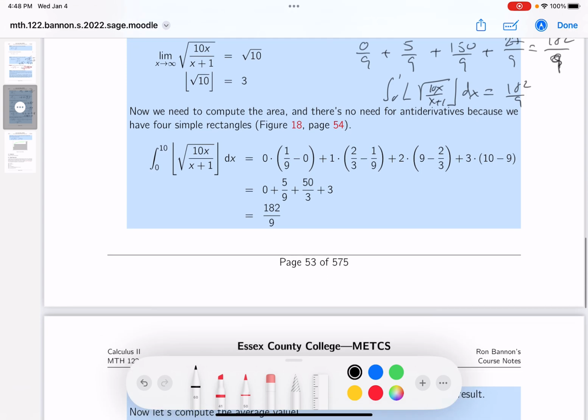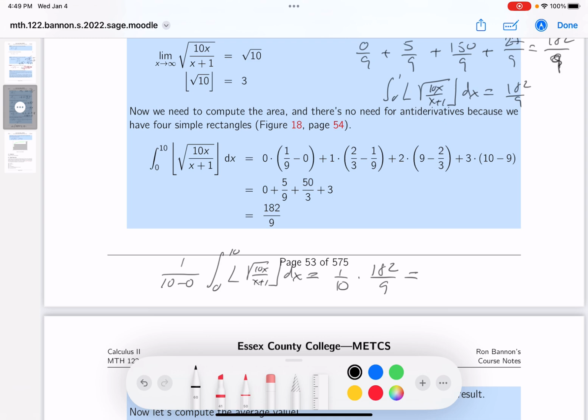So the average value should be relatively simple to do. What's it going to be? Well, you take this integration, and you multiply it by 1 over 10 minus 0 times the integration from 0 to 10 of the floor of the root, and that's going to be 1/10 times 182 over 9.